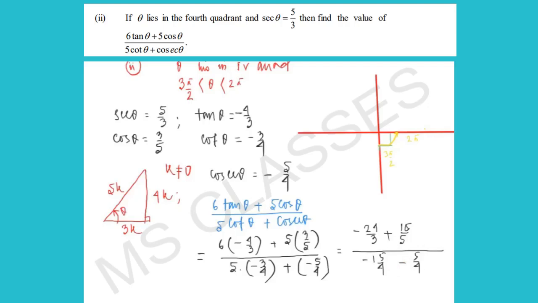And the numerator is minus 120 plus 45 by 15 into 4, that is 20 by 4, 5. 5 into 15, that is 75.